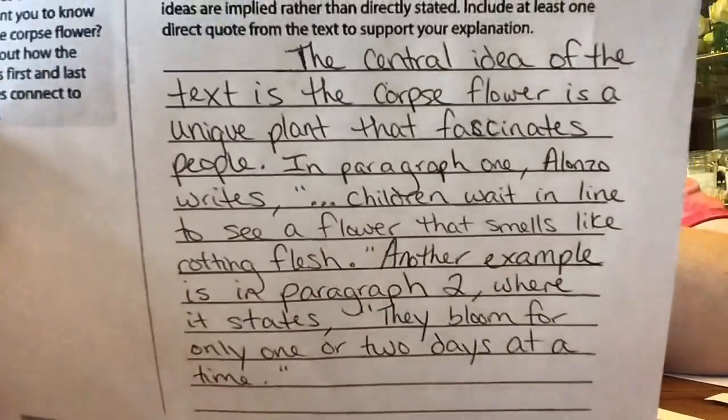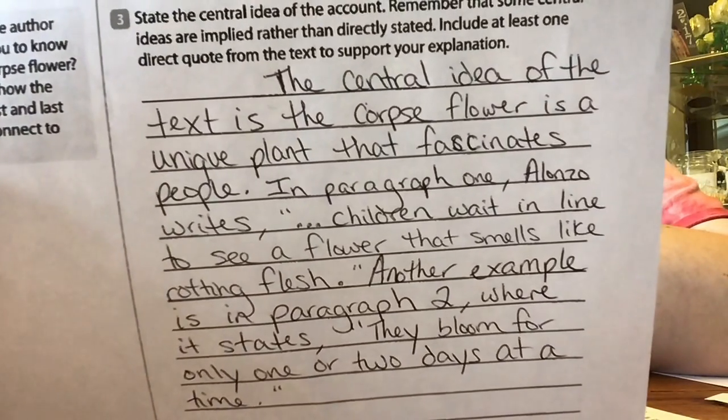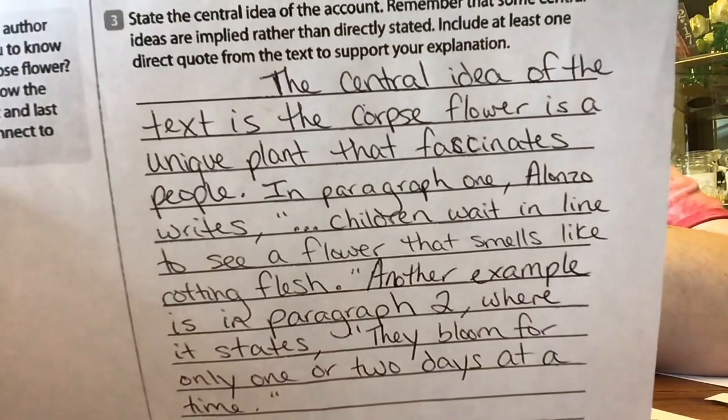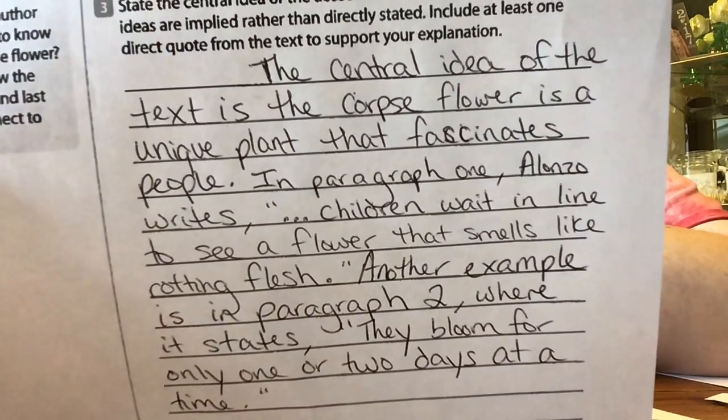At a time. Period. End quote. Just like that. So we have our restate, we have our answer, we have our detail, and we have our second detail. We have our RAD. We love it. Okay. You can always pause the video too if you get a little confused or you want me to go longer, basically.